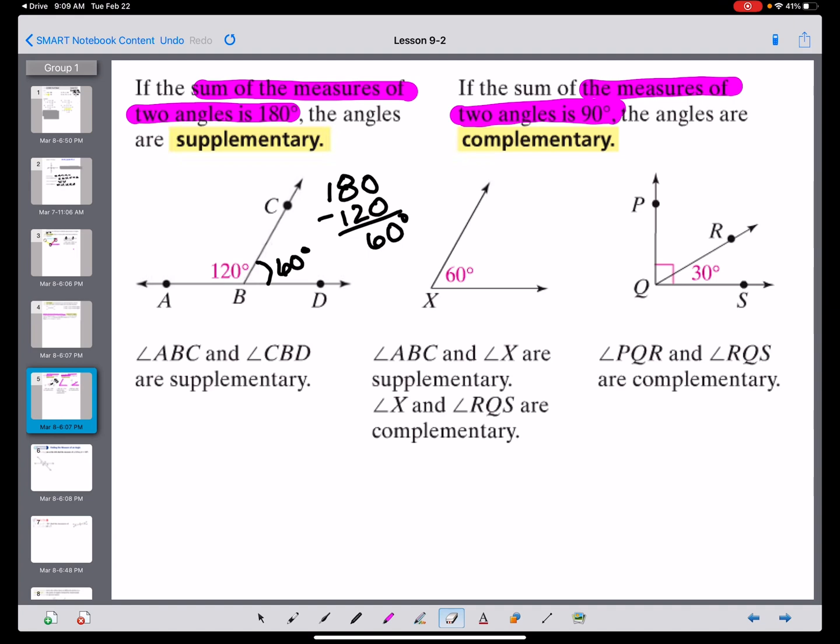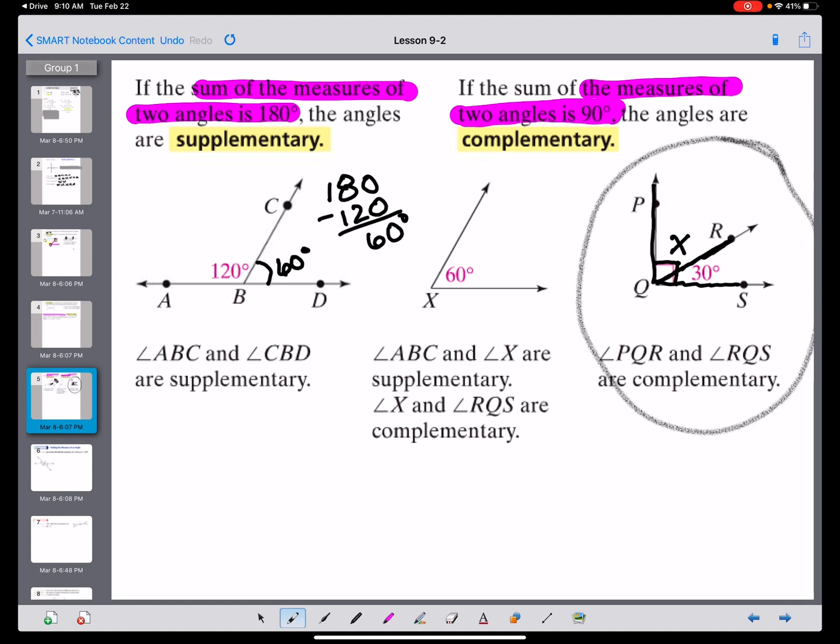Let's look at this last diagram. I'm going to circle it for you. This one right here. Let's recall that when you have a little square in the corner of an angle, that means that it is a right angle, or a 90-degree angle. If RQS is 30 degrees, this angle right here, then what must be the measure of the missing angle PQR?